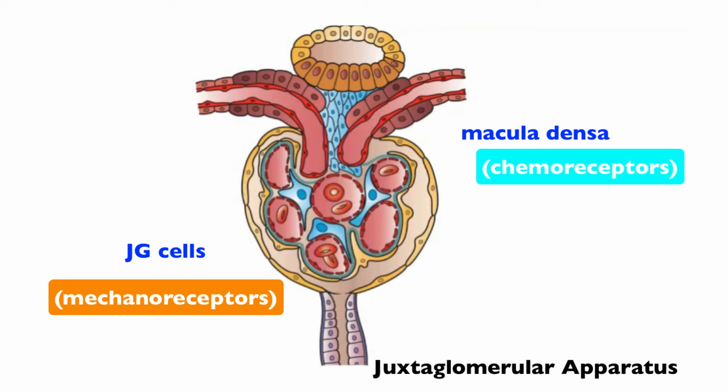But these smooth muscle cells are so special that they also secrete an enzyme known as renin. And renin is part of a mechanism known as the renin-angiotensin system that we're going to talk about in a second here. So what I want you to remember from the juxtaglomerular apparatus are the macula densa, which are chemoreceptors, and the JG cells, which are mechanoreceptors.